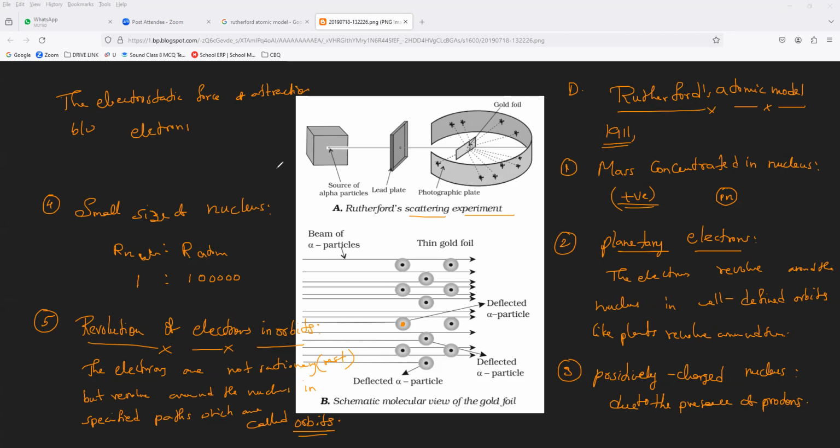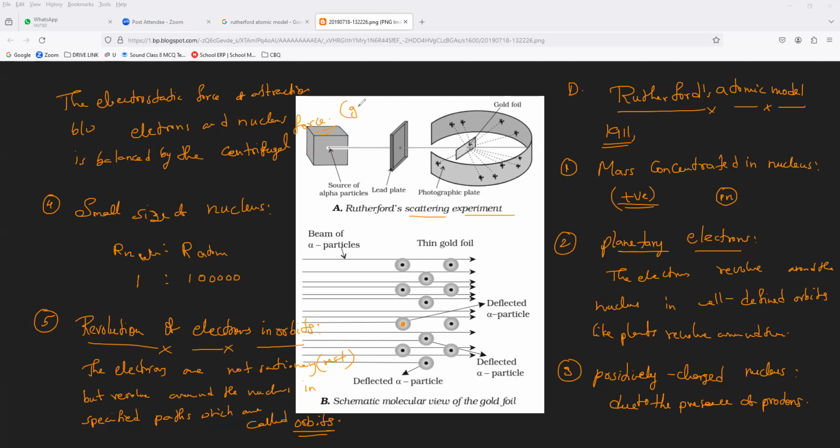So electrons and nucleus are balanced by what force? Like Earth and planets revolving around the sun because of some force, we studied it in the gravitation chapter.